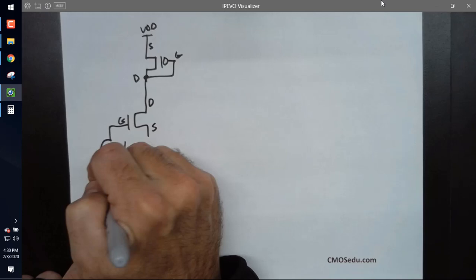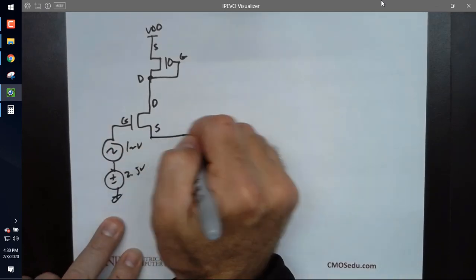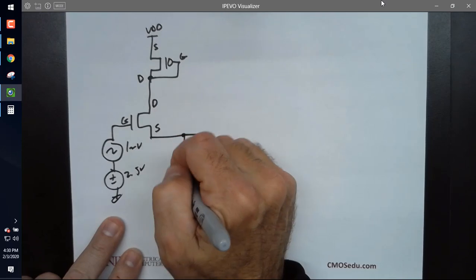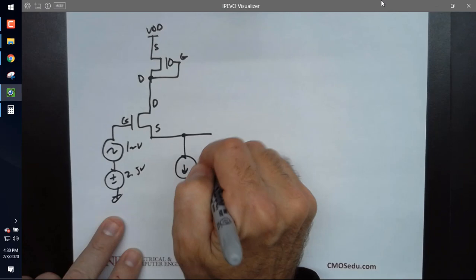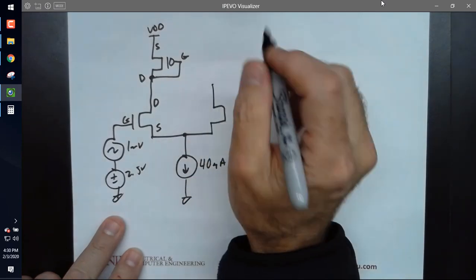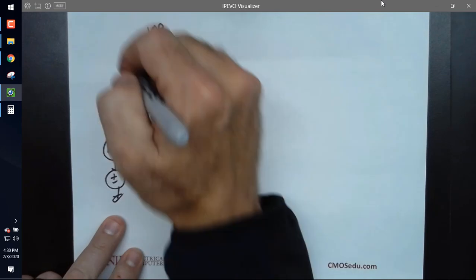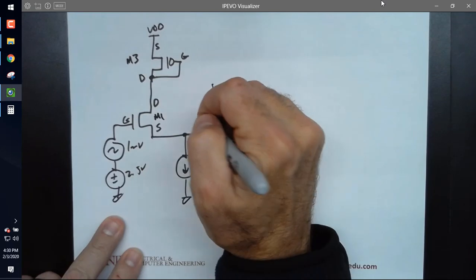And then 2.5 volts. Coming down, and I've got 40 microamps. And then this is M3. This is M1, M2.